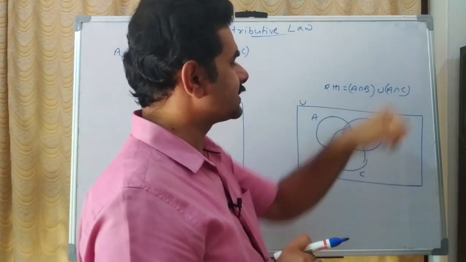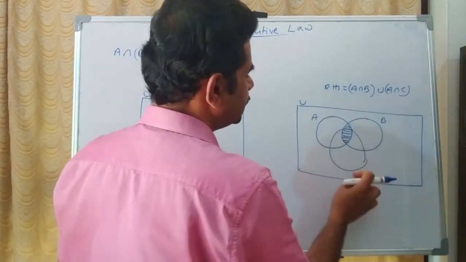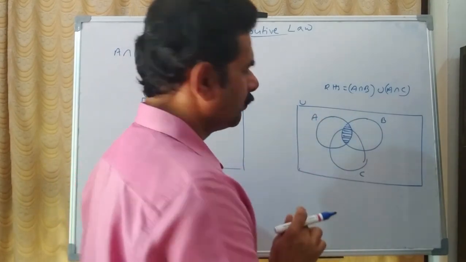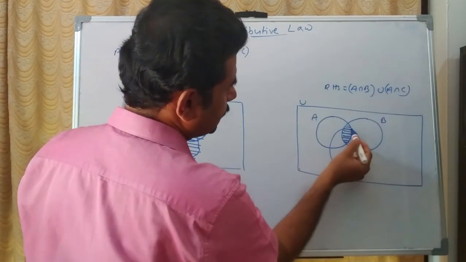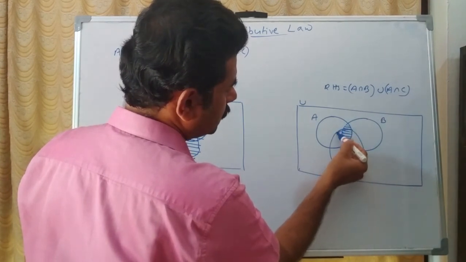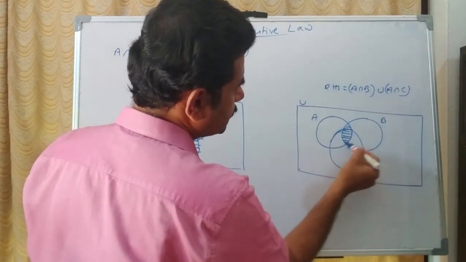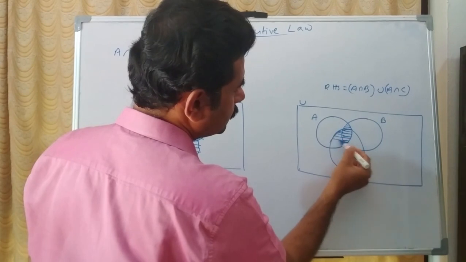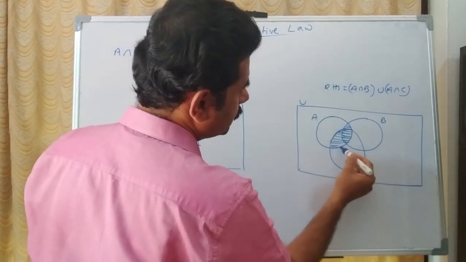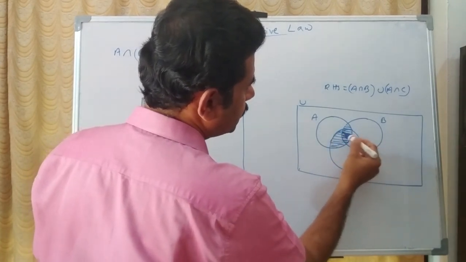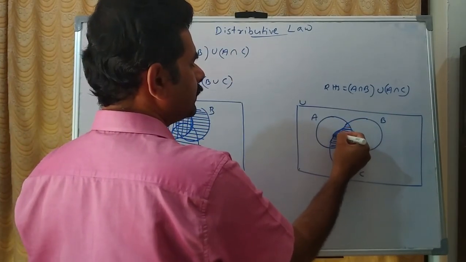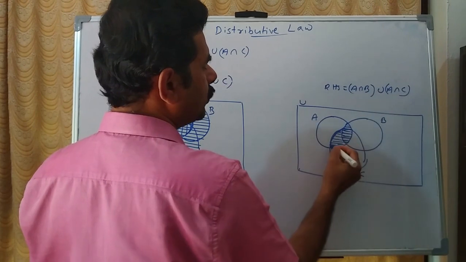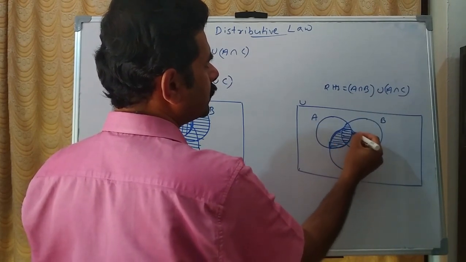A intersection C. A is this one, C is this one. So the common area means what? A intersection C, this one. So what is the total area here? Union means join. Total area is this one.